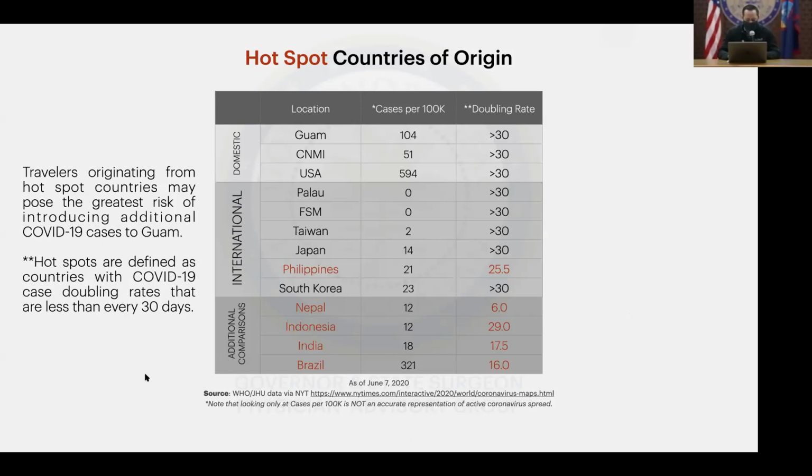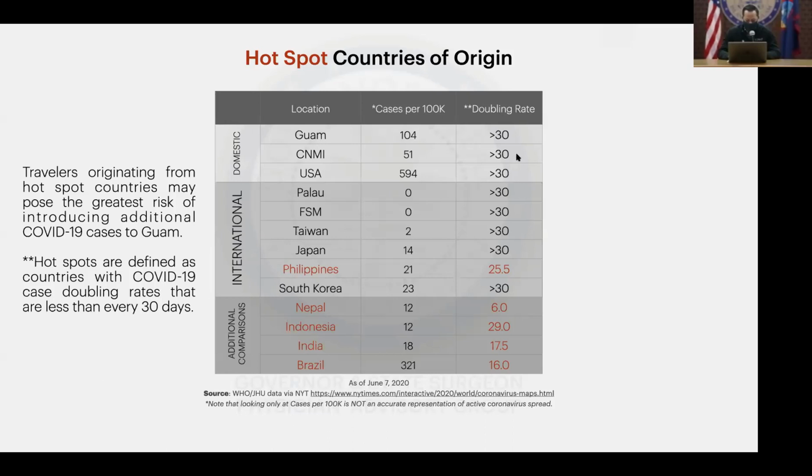So if you have 50 cases of COVID-19 and it takes 2 days to get to 100 cases, then that's 2 days to double. As you can see, that's pretty fast spread overall. And 30 days is the cutoff we used at this time.